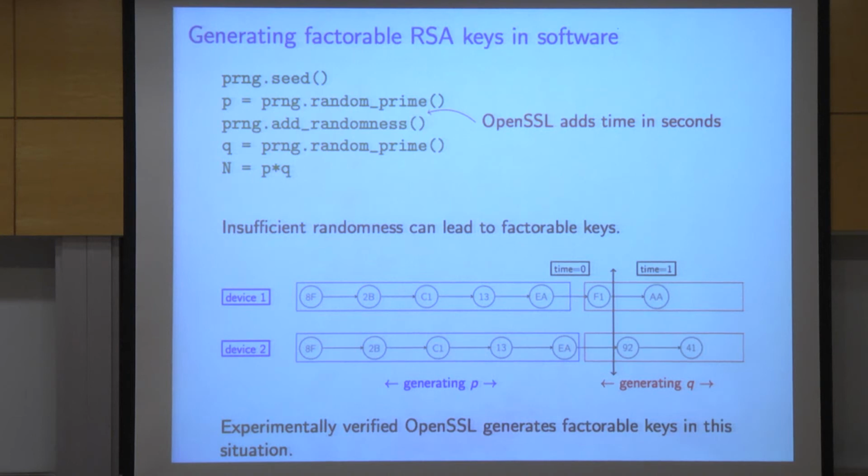So here's an example of two devices. They boot up, they have exactly the same clock time, they have exactly the same dev random state, they start generating their keys in exactly the same state, but one of them is running just slightly slower than the other one. And so as they tick, say they're generating P and it's time 0, but then the clock tick happens on slightly different execution cycles in the two keys.